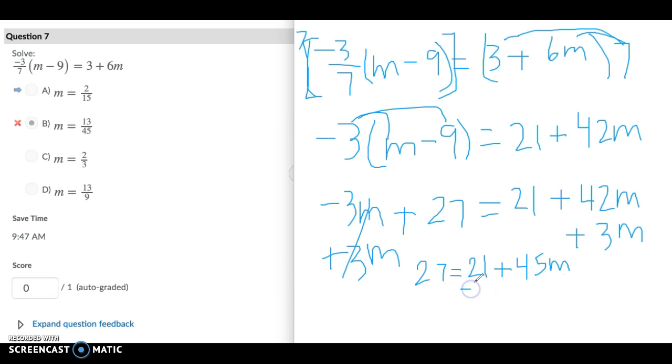And I'm going to subtract 21. 27 minus 21 is 6 equals 45m.